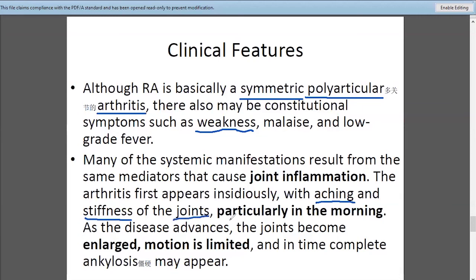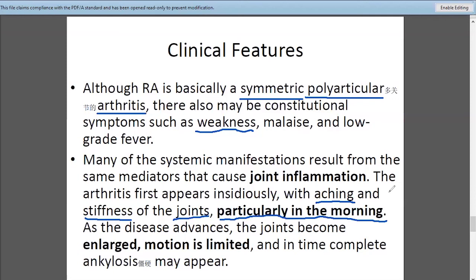And this kind of arthritis especially happens in the morning. People feel stiffness of the joints, more pain and more stiffness in the morning. After they move during the daytime, they feel better. But the next morning, all the symptoms come back again.